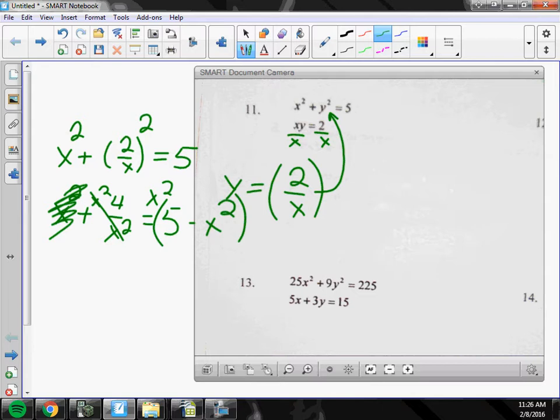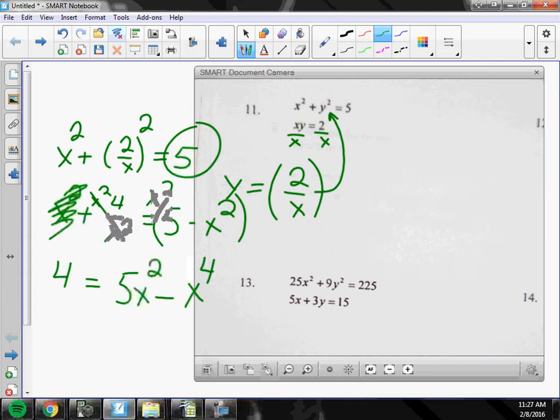we get 4 equals 5x squared minus x to the 4th. I know, no, it was a positive 5 already, because we multiplied by a positive x squared.